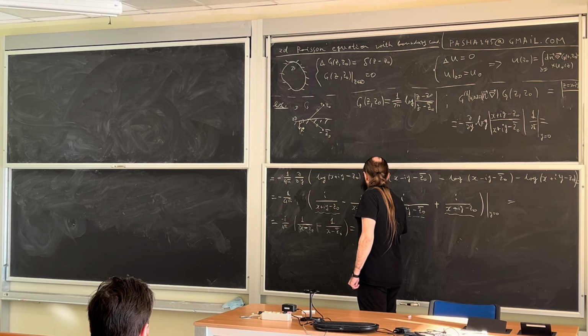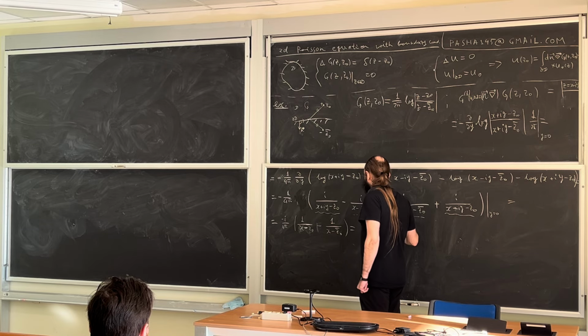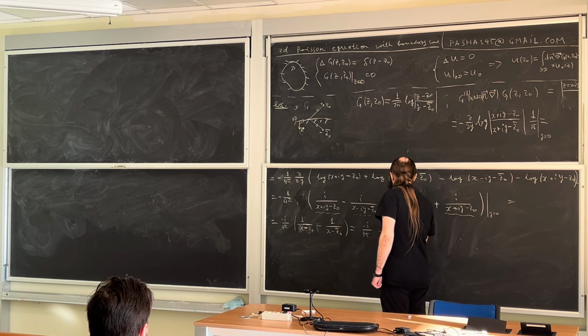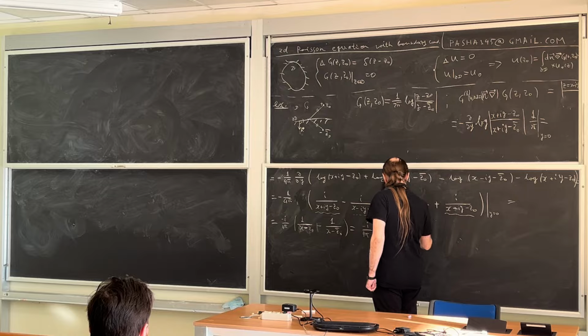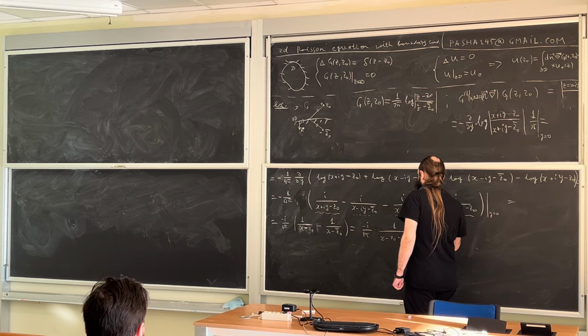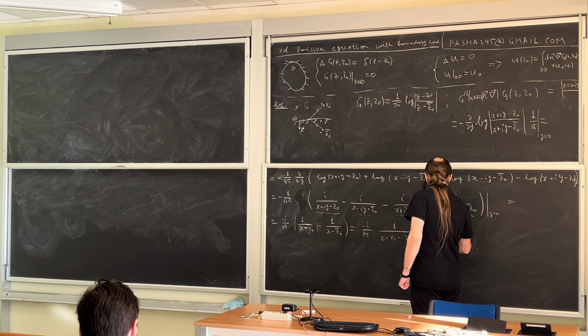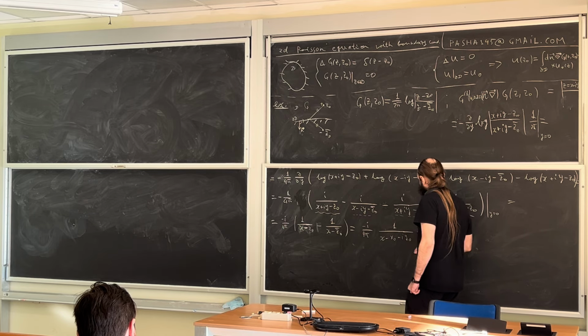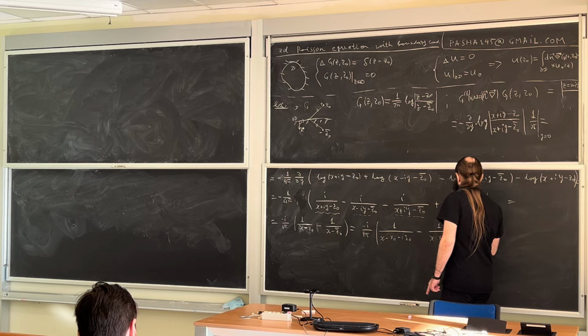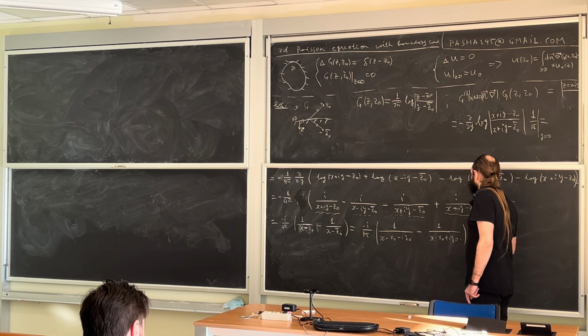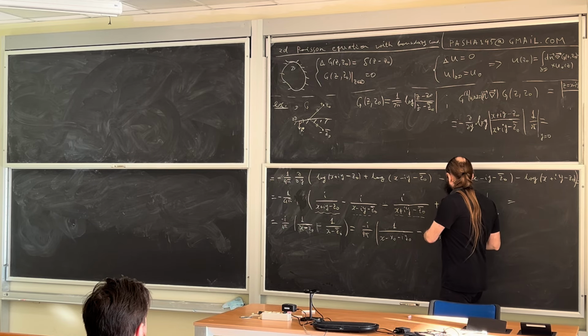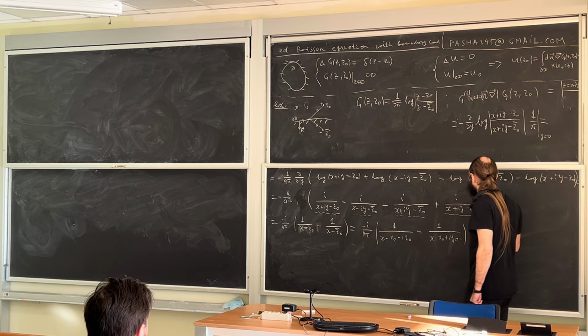So let's write this as x minus x0 minus i y0. So this expression, and now let's combine them together.